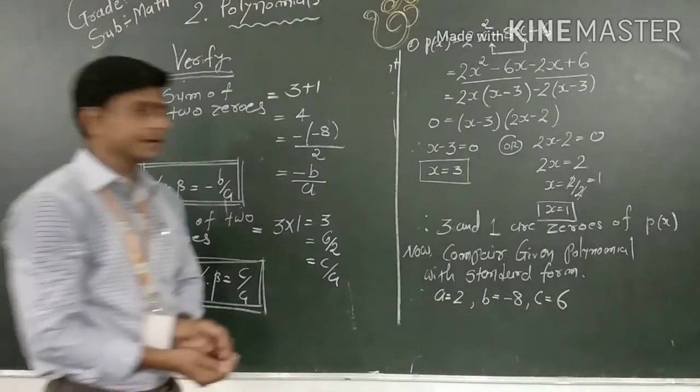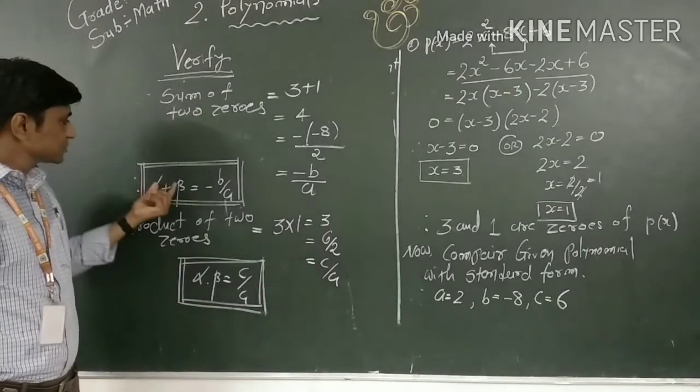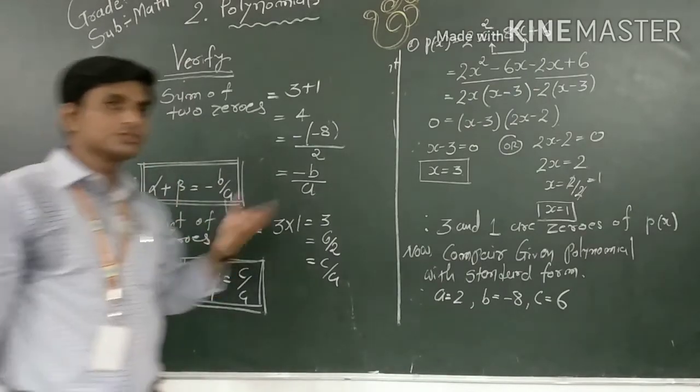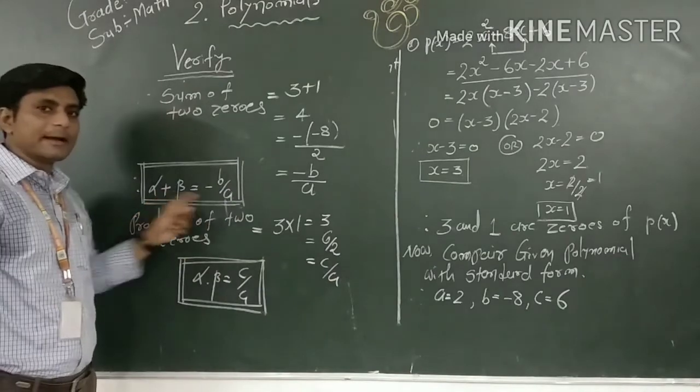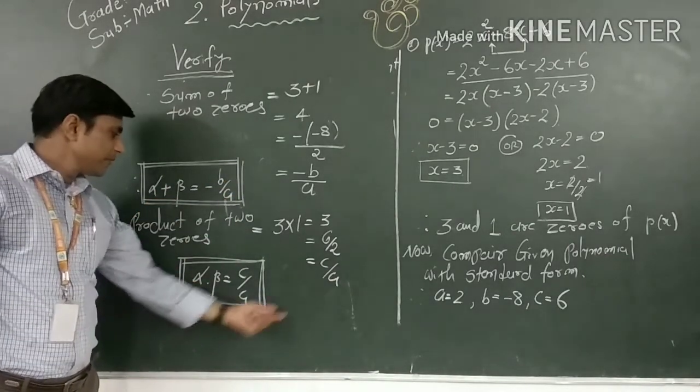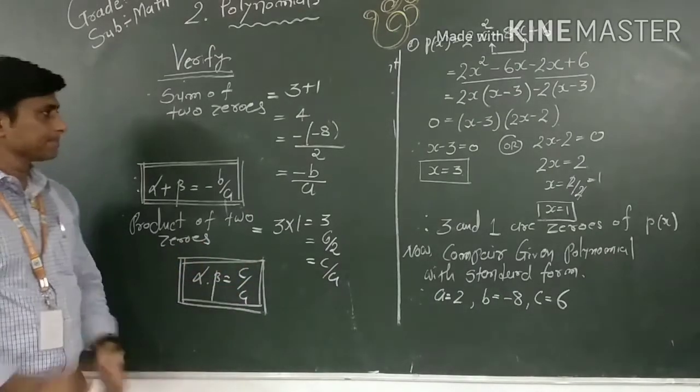Again I repeat, this is the sum of two zeros. We find the sum of two zeros by this equation, minus b by a, and the product of two zeros by this equation, c by a.